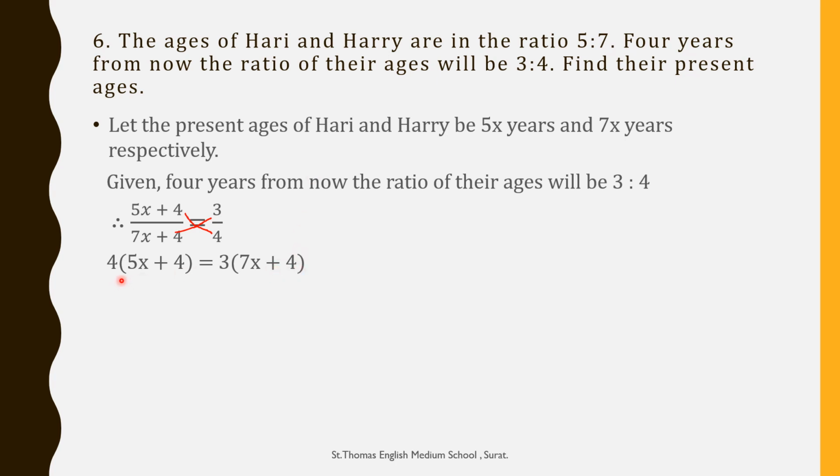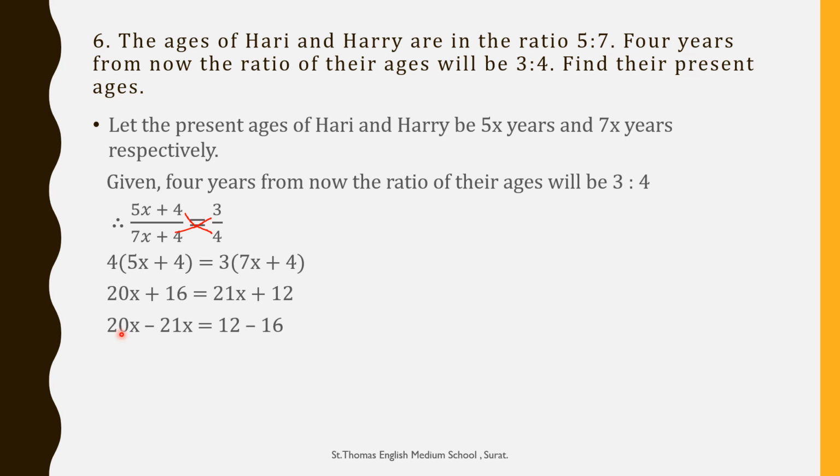Now you have to remove the bracket. 5 4s are 20x plus 4 4s are 16 is equal to 3 7s are 21x plus 3 4s are 12. Now take all variable one side and constant term another side. This is plus 21x. If it goes here, it becomes minus 21x. 20x minus 21x is equal to 12 plus 16 comes here, become minus 16.